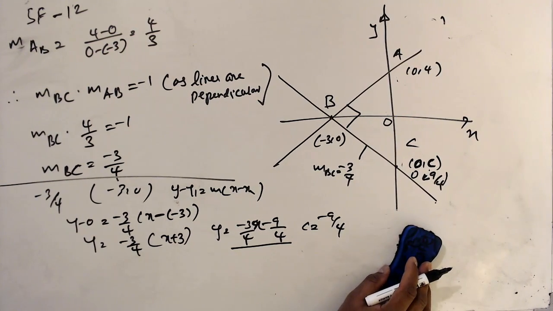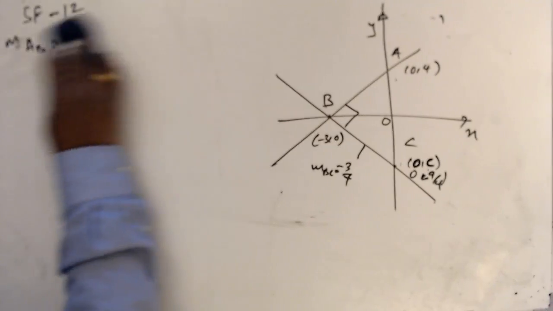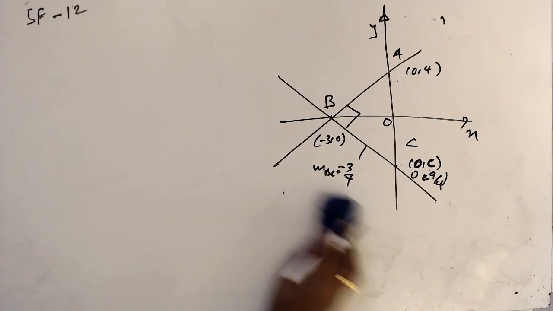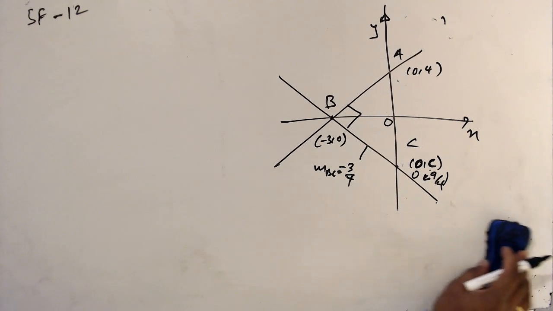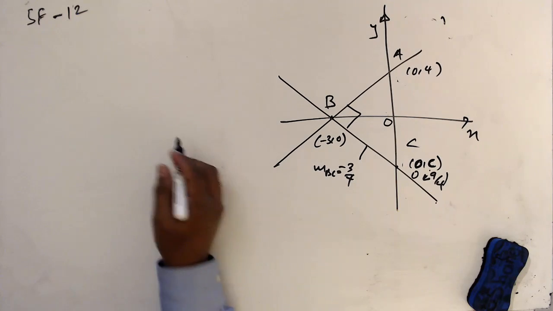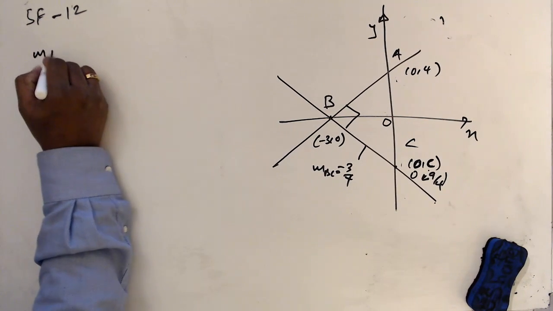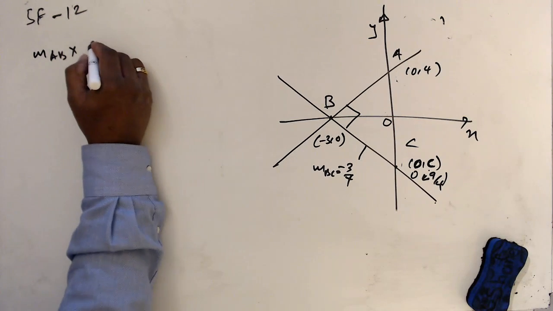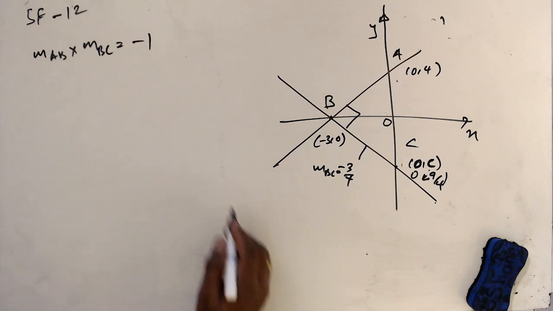You can work out this sum differently as well. We know that MAB, the gradient of AB, times the gradient of BC equals minus 1.